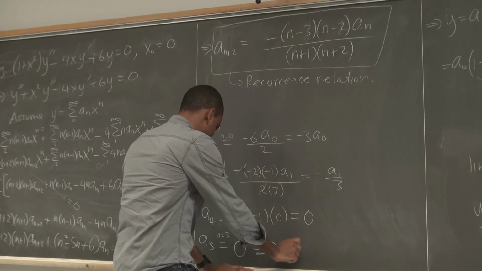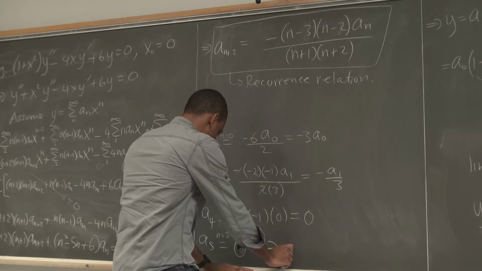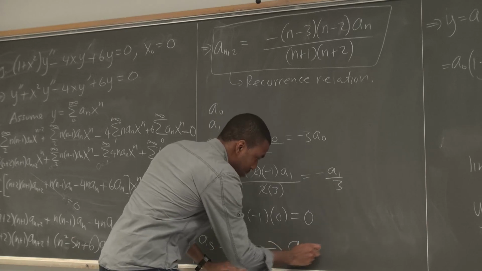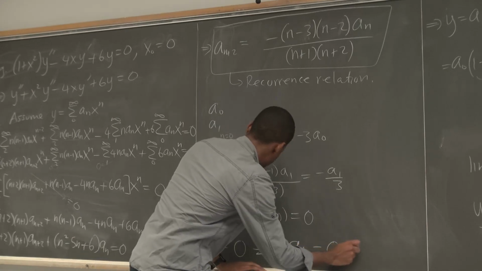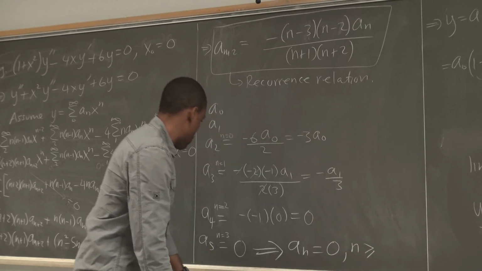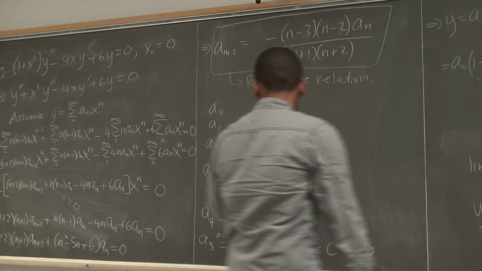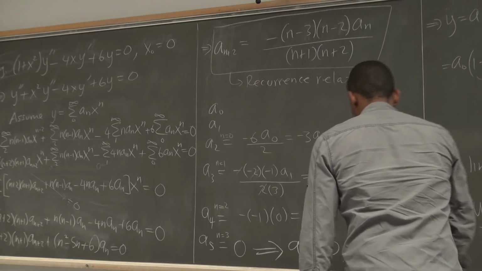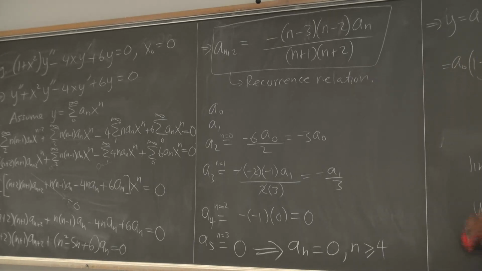Yeah, I forgot. I write these lecture notes half asleep. This implies a_n equals 0 for all n greater than or equal to 4. Should be n equals 2?